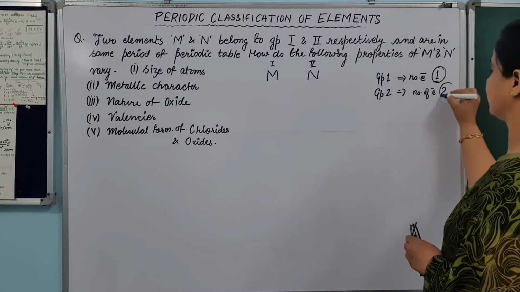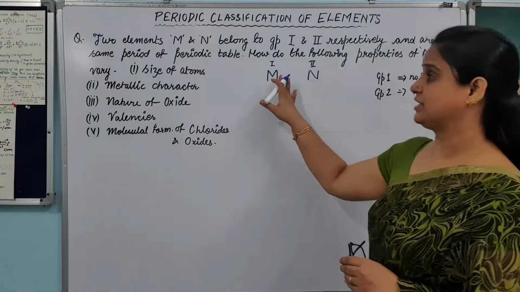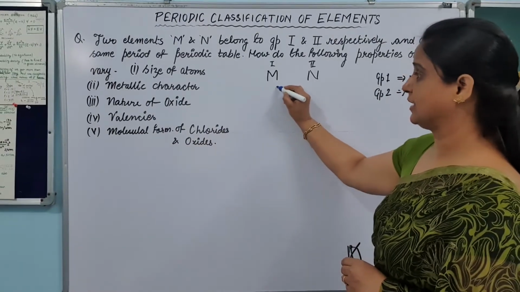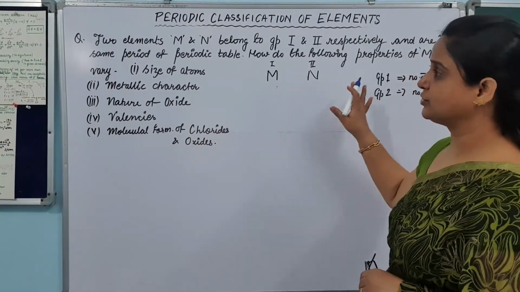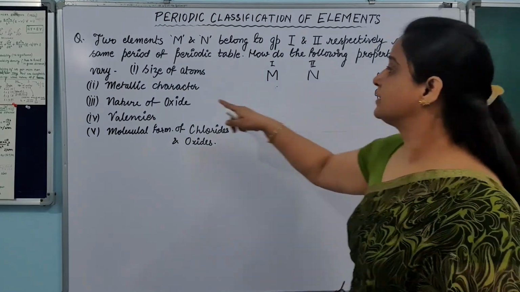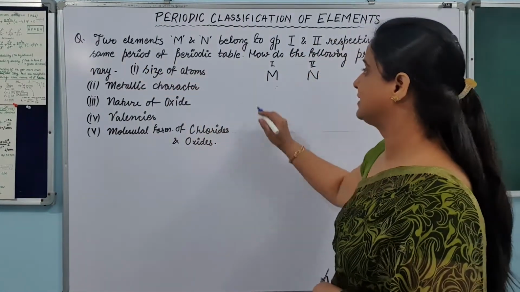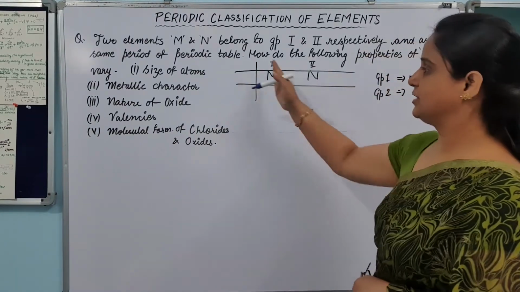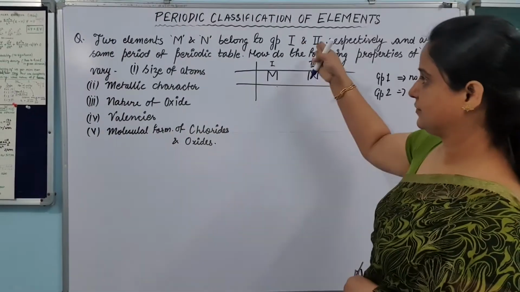Okay, so this one thing is very clear about these two elements, that M will show outermost shell electron 1 and N will show outermost electron 2, and they are in the same period of the periodic table, मतलब इनका period same है, so they are belonging to the same period but the different groups are 1 and 2.